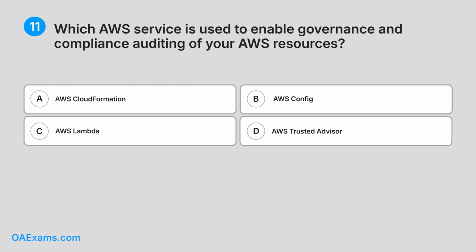11. Which AWS service is used to enable governance and compliance auditing of your AWS resources? A. AWS CloudFormation. B. AWS Config. C. AWS Lambda. D. AWS Trusted Advisor. Can you guess the answer?